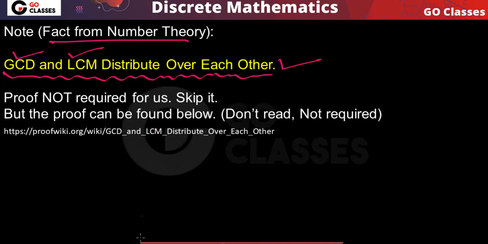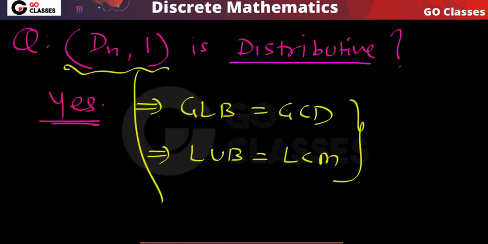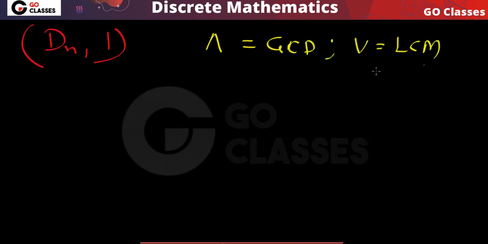In this Dn, divisibility, you already know that your GLB is the same as GCD and your LUB is the same as LCM, and we already know that GCD and LCM distribute over each other. They satisfy the distributive property.